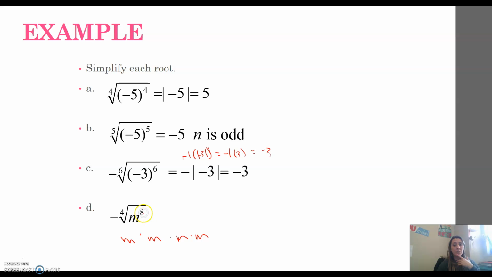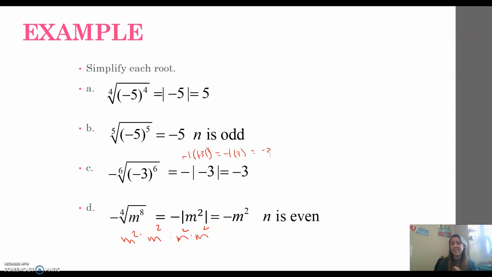What do I need to do with this 8? I need to break 8 up into 4 different groups, which would be 2, because 8 divided by 4, that's grouping, right? It's 2. So then I end up with m squared. So we're going to have negative 1 times the absolute value of m squared, which is negative m squared, because our n is even.